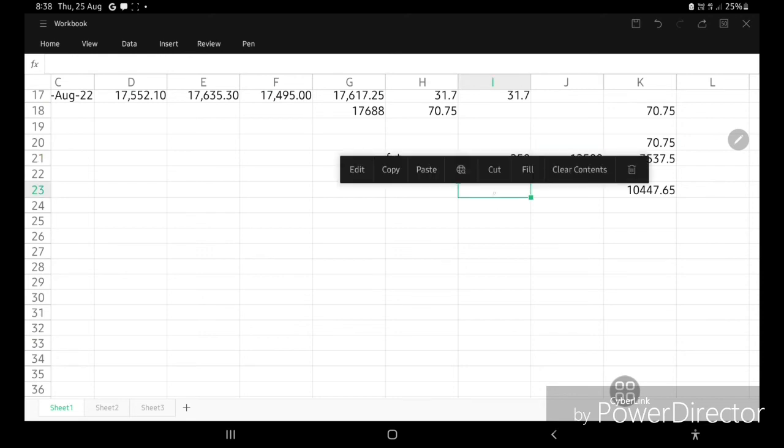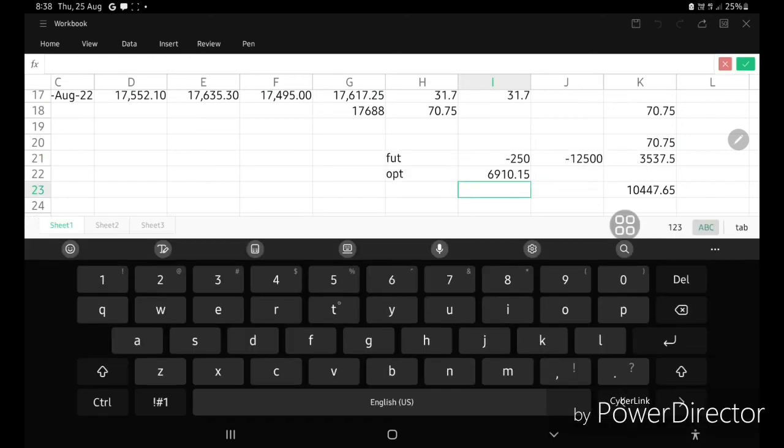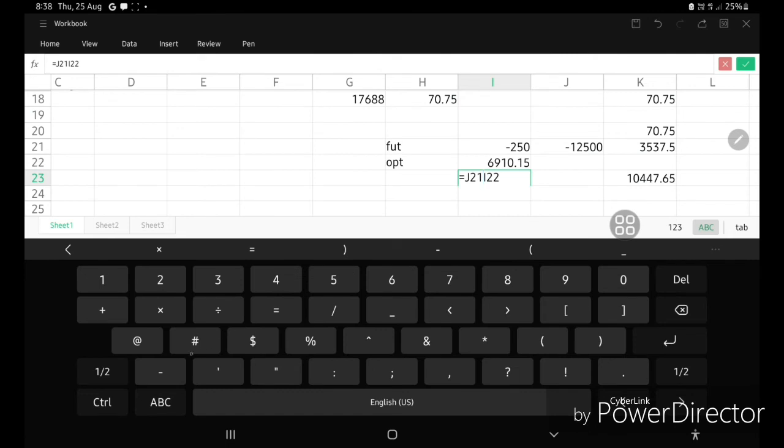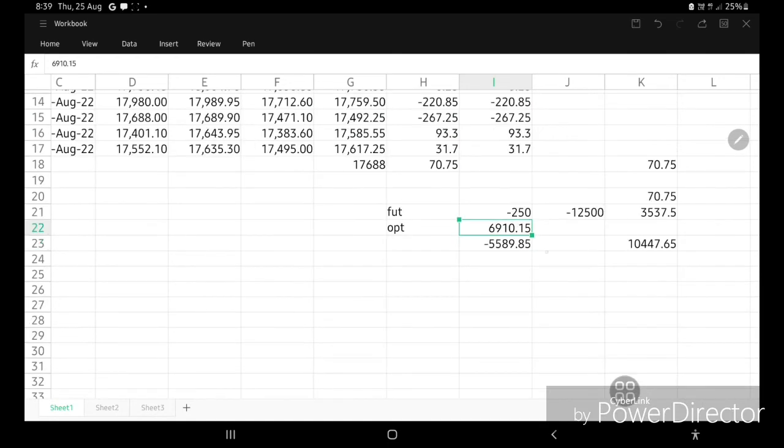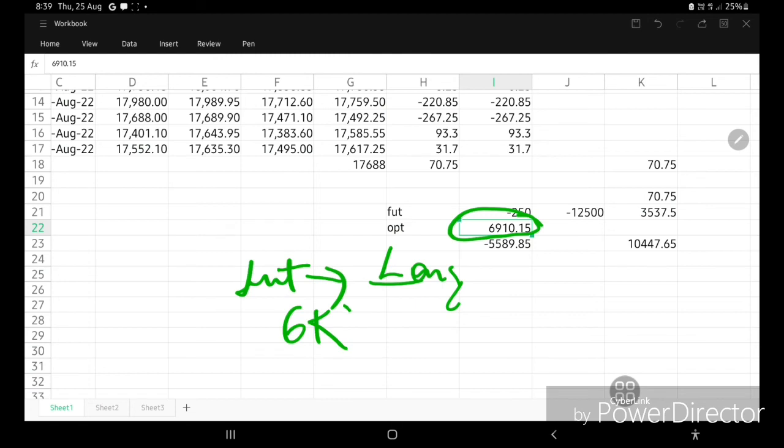To find the net profit is equal to, we have to add, because it is the profit that we have received. So what I was saying is that the future position that we buy is for the long term, and this that we receive, that 6k, is our monthly income.